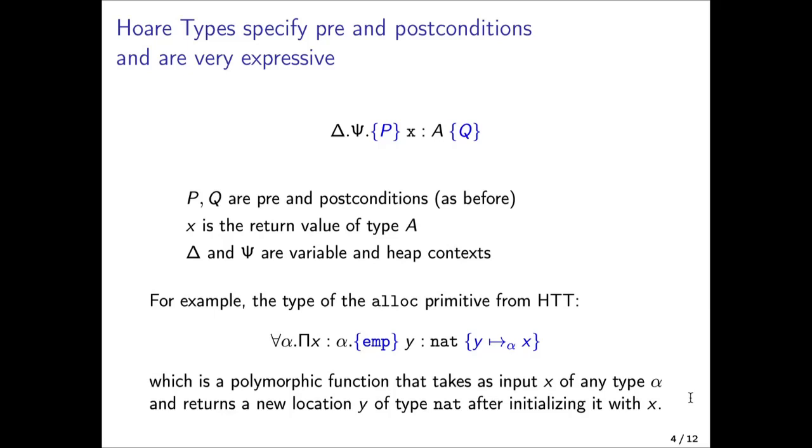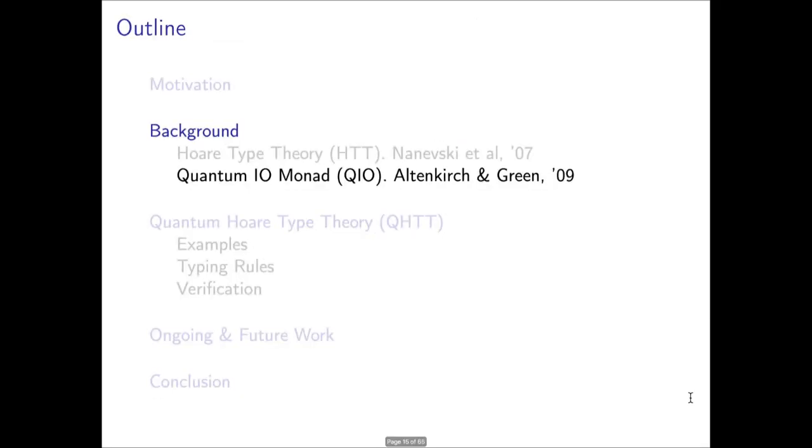For that, we will need certain primitives similar to alloc here. And that's what brings us to the quantum IO monad, which was introduced by Altenkirch and Green in the late 2000s as well.